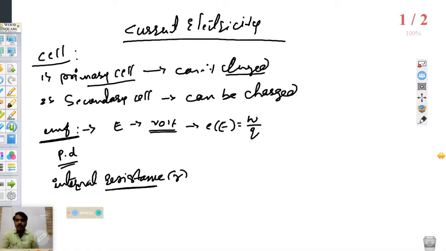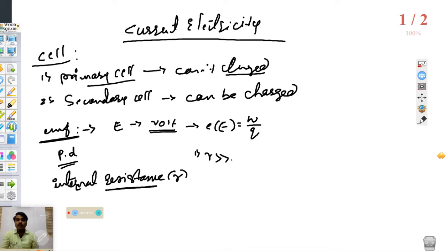Every cell has its own EMF along with internal resistance. Let us see how the internal resistance varies with those parameters.